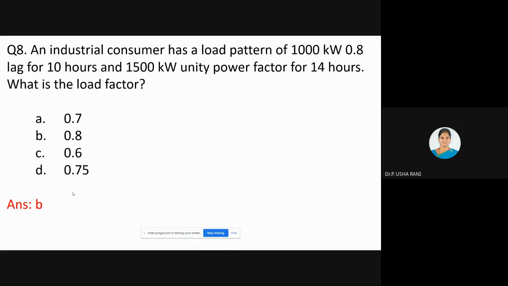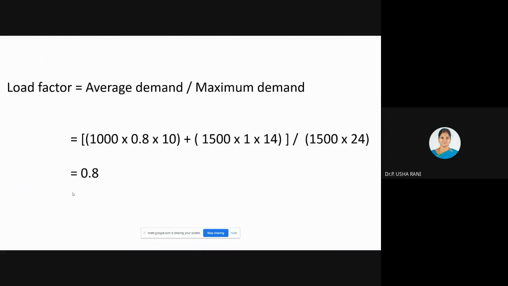How? You have to use the formula load factor is equal to average demand divided by maximum demand. Here they are given with the power factor. So you multiply the kilowatt with the power factor, then the time duration. Each load for 24 hours per day, you have to multiply and add. That is your average demand. The first load is 1000 kilowatt at 0.8 power factor for 10 hours.